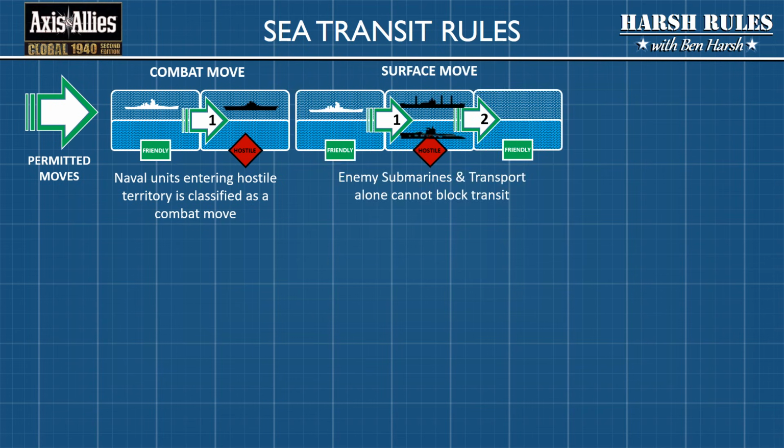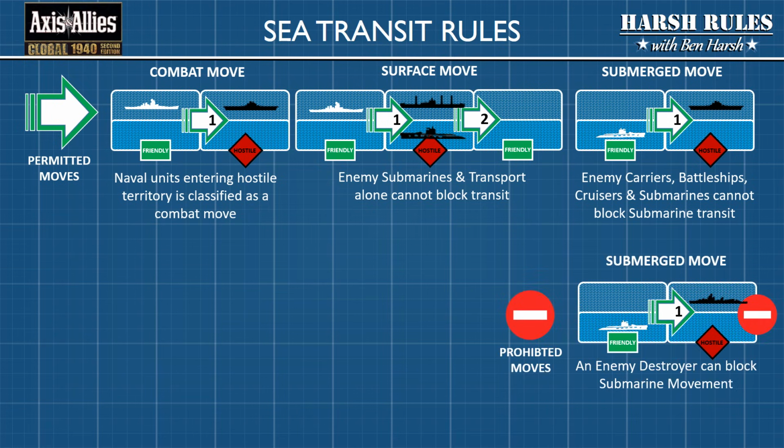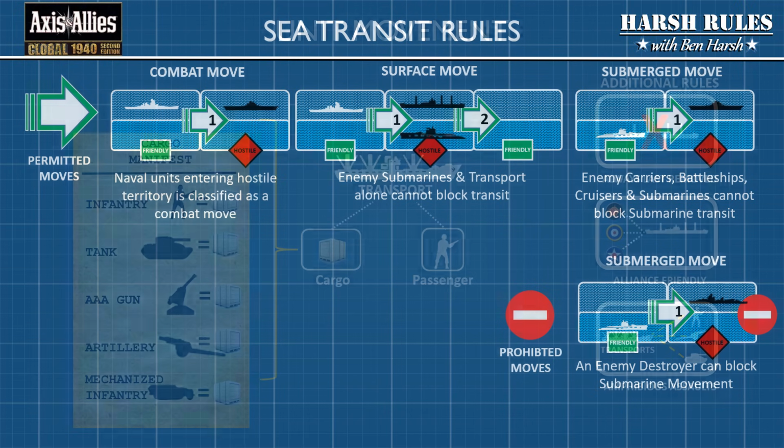However, if the sea zone only contains submarines and transports, then the player moving in can choose to ignore conflict and proceed to the next sea zone. Submarines can submerge themselves and enter or pass through hostile sea zones. However, if a submarine enters a sea zone with a destroyer, they must stop and cannot move any farther.